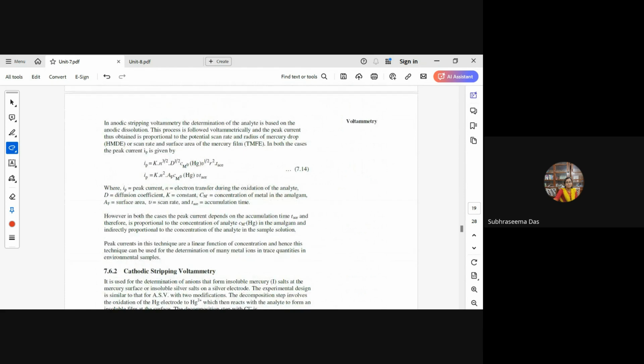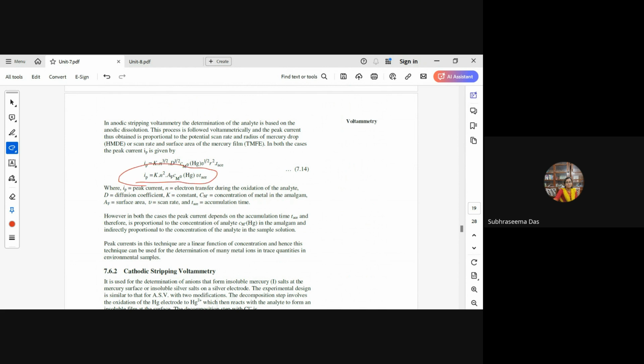Now, in anodic stripping voltammetry, the determination of the analyte is based on anodic dissolution. This process is followed voltammetrically, and the peak current thus obtained is proportional to the scan rate and the surface area of the mercury film. In both cases, the peak current Ip is given by equation 7.14.